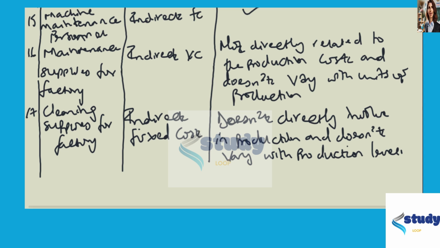Now, moving on to the second question. If the cost object were the mixing department rather than the unit of production of each kind of bread, which preceding costs would now be direct instead of indirect costs?